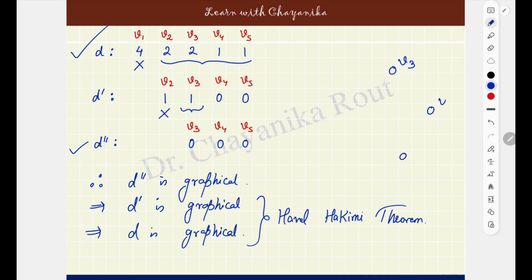The names are V3, V4 and V5. The values indicate that their degrees are 0 each. So these 3 vertices are isolated vertices. So what I have drawn now is a simple graph corresponding to the degree sequence D double dash. This graph satisfies the degree sequence D double dash.